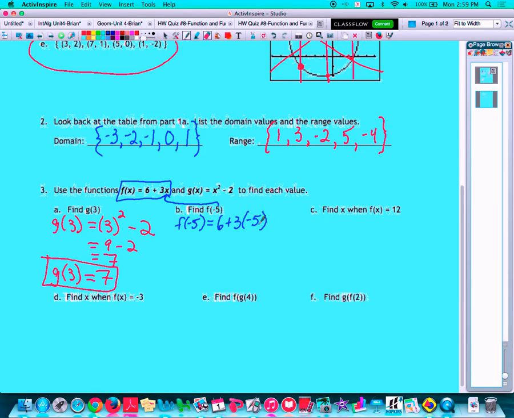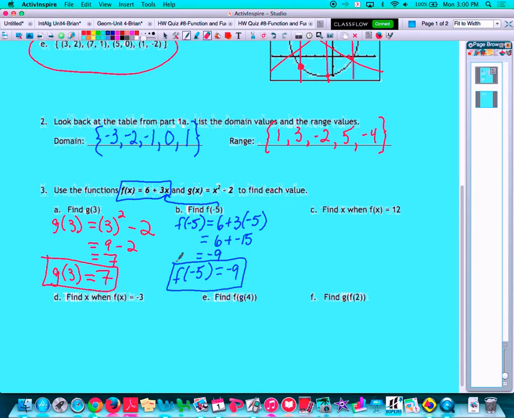So -5 is going to go into that x spot. Now just use order of operations. Got to do 3 times -5 before we add. Remember PEMDAS here. 3 times -5 would be -15. So 6 plus negative 15, or 6 minus 15 would be the same thing, which would be negative 9. So input of negative 5 gives us an output of negative 9.